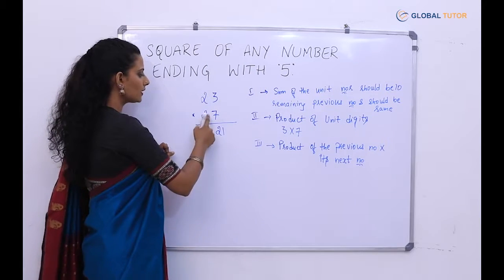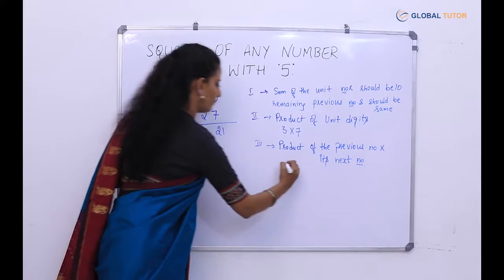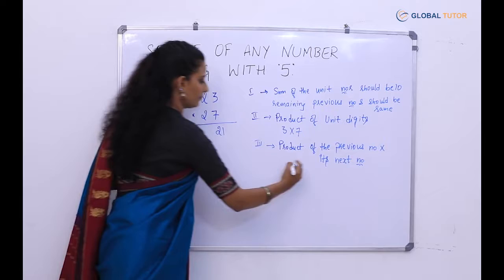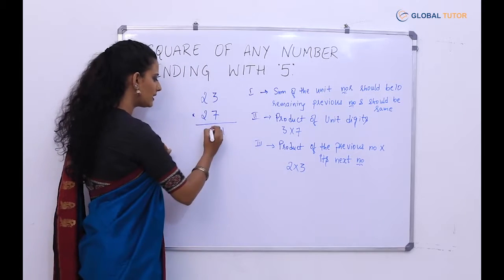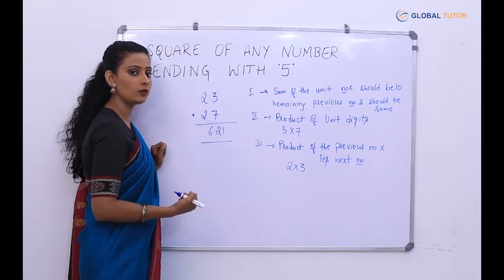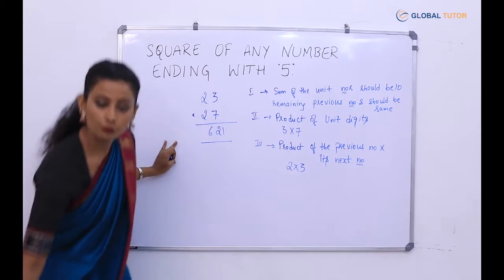Here, what is the number we have? 2. And what is the next number of 2? 3. So 2 into 3 is 6. This is the answer, 621. Now let us try to solve one more similar problem.